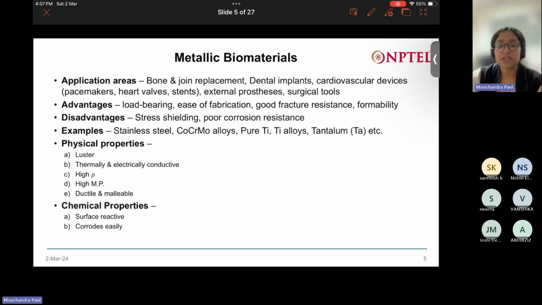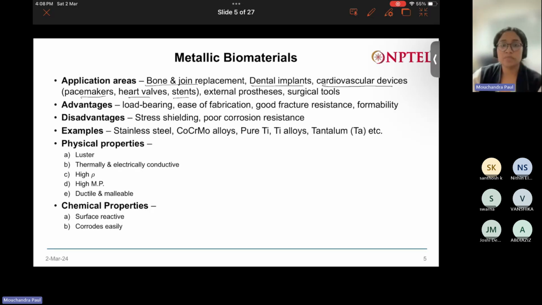They are explored for various application areas like bone and joint replacement, dental implants, and cardiovascular devices. Cardiovascular devices directly come in contact with the blood, right? These include pacemakers, heart valves, stents, and various devices which are attached to the patients externally, not internally.